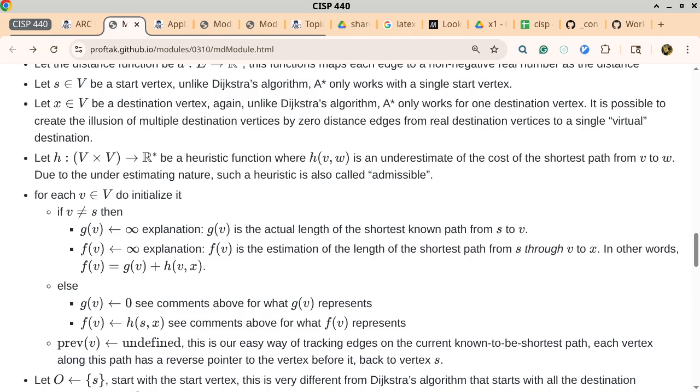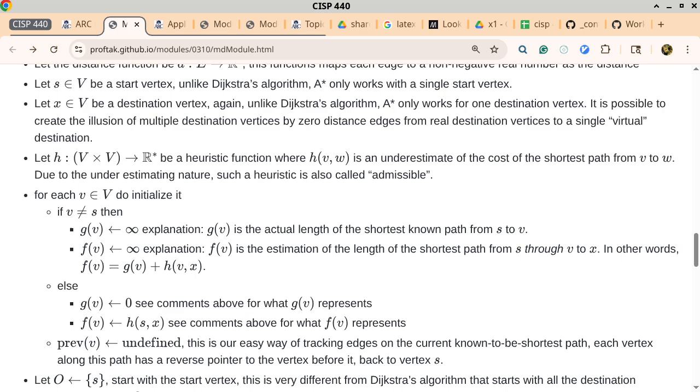So this is where the algorithm actually starts. For every vertex, do the following to initialize. If the vertex v is not a starting point, then we assign infinity to both the g and the f value of that particular vertex.